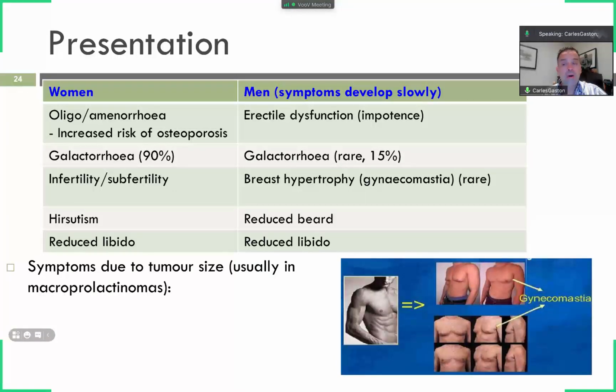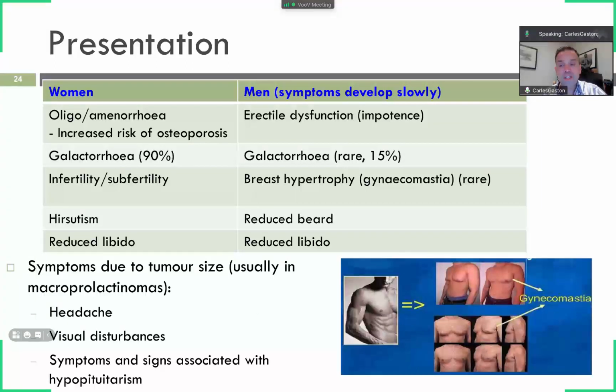Now, the degree and severity will depend on the tumor size. Normally, they are micro, but obviously if there is a macroprolactinoma, there will be more prolactin. And the presentations, apart from the list that I have shown you here, include headaches, visual disturbance, and symptoms associated with hypopituitarism.